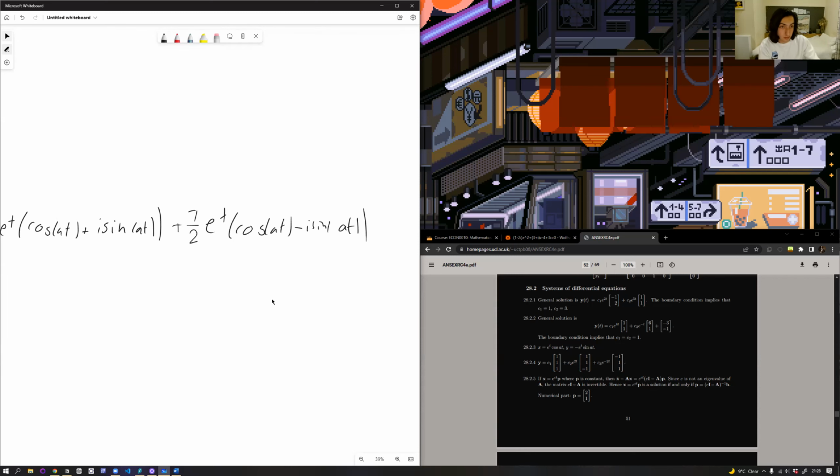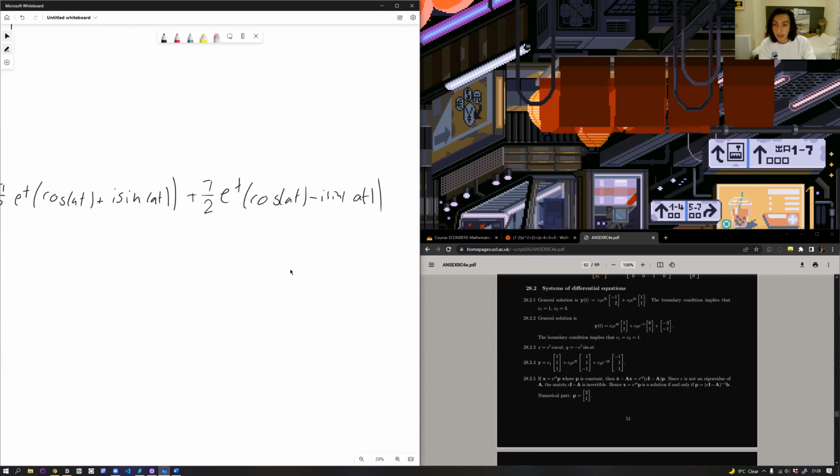I'm posting the solution to this later because this is just a pain. So the signs cancel. You add up those and it becomes e to the power of t, and then just cos at. Okay, I think I've got it now.